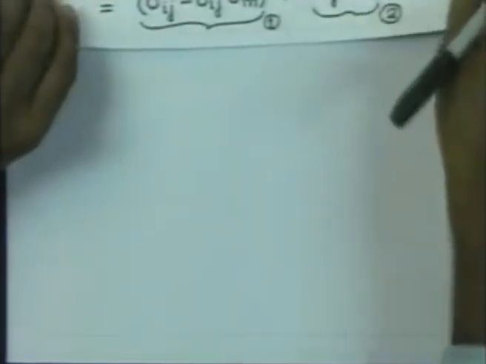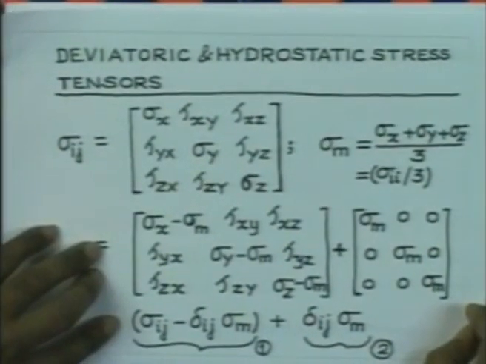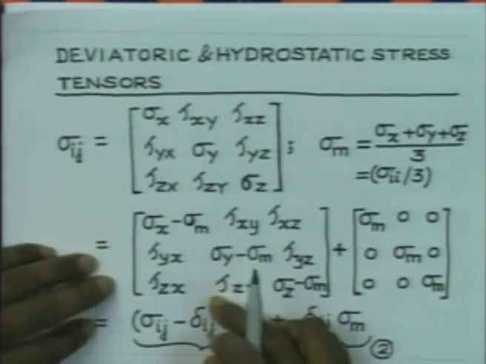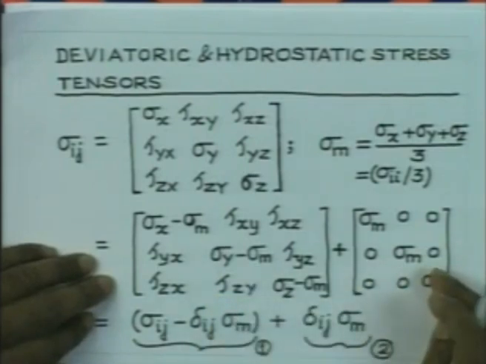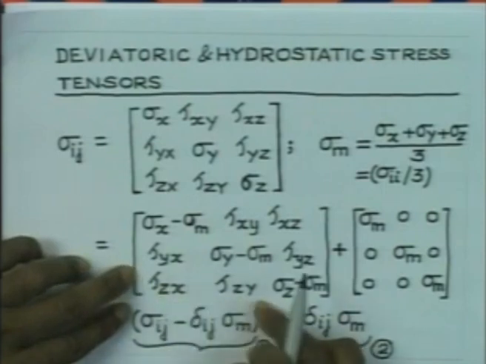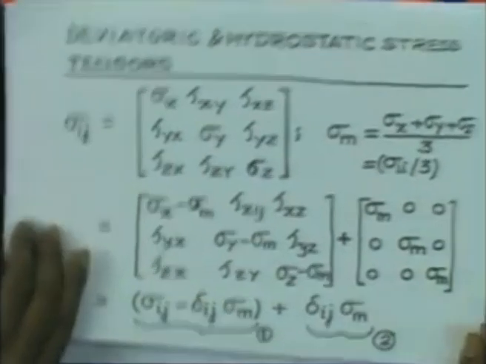It is possible to find out the direction of the principal stress just considering this deviatoric part of the stress tensor, and the total principal stress can be obtained from the principal stresses arising out of the deviatoric part, after adding the mean stress. I would like to explain this point.